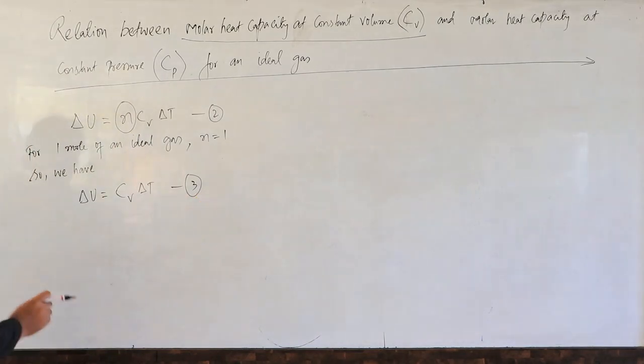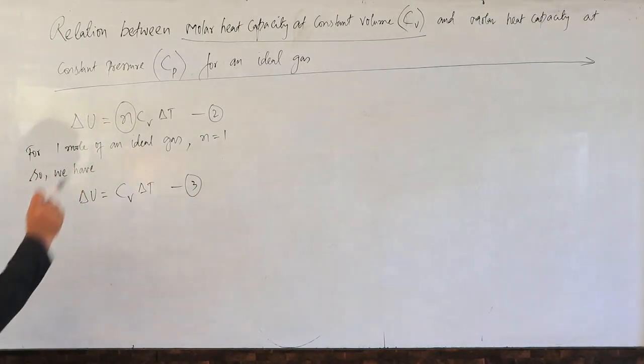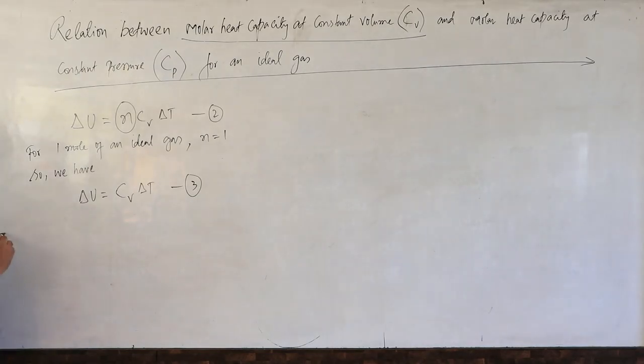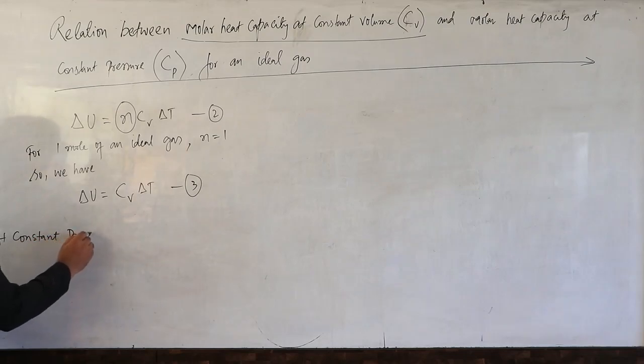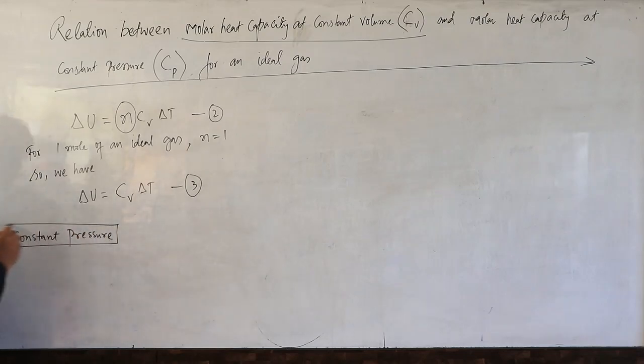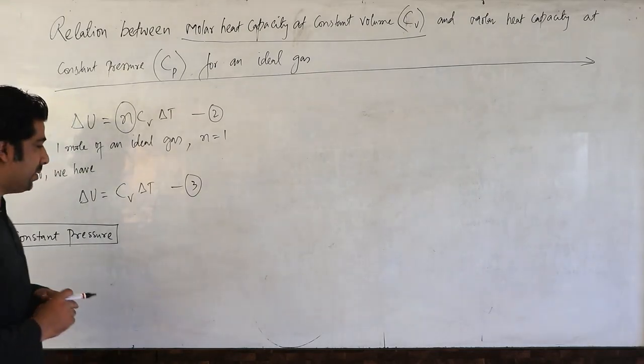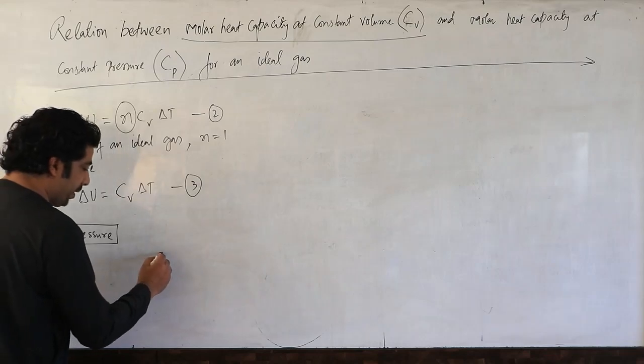Let's move further and talk about molar heat capacity at constant pressure. So at constant pressure, let us talk about molar heat capacity at constant pressure. Have a look, my dear friends, now here.